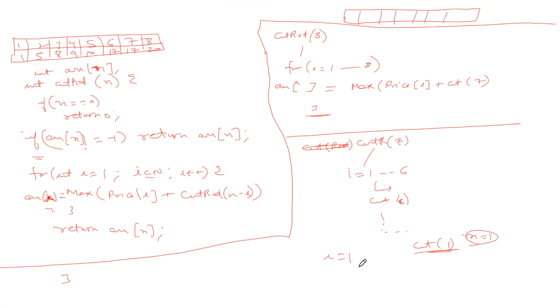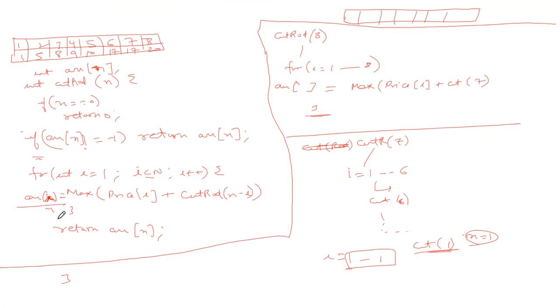For i equal to 1 till 1 I will be running my loop, so only one iteration there. It goes to max of price of 1 plus cut rod of 0. Cut rod of 0 will return 0, and price of 1 is 1, so that's it, 1.